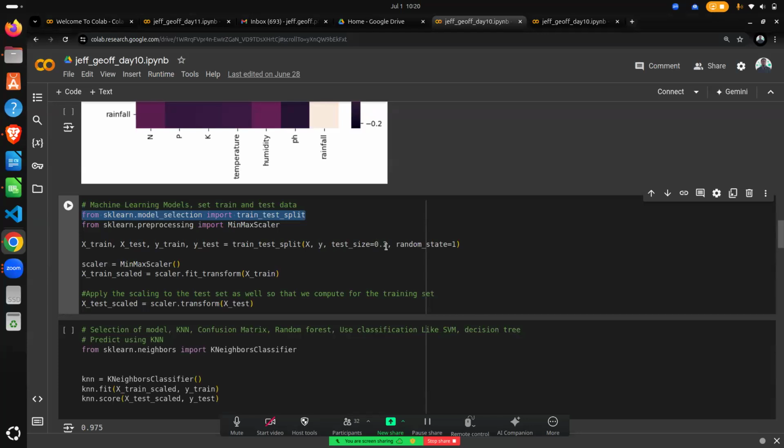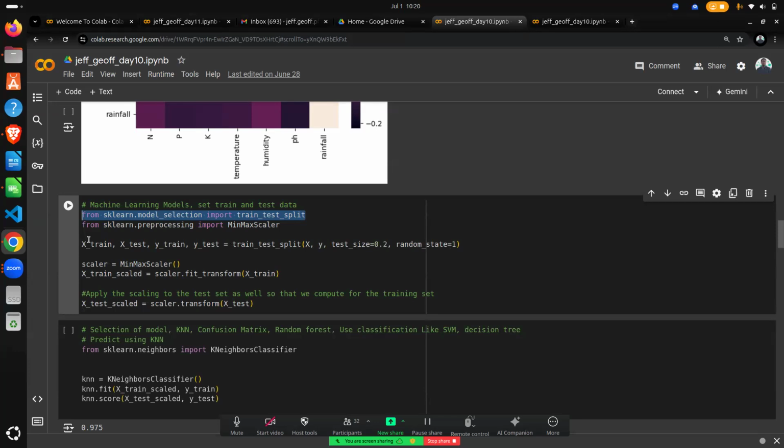But when you're writing it here, you can't just write 20. The 20 is in percentage. The total percentage of your data is 100. So you need to convert it into decimals, floating points. Then you can use a random state of 1, or you can use a random state of 42.